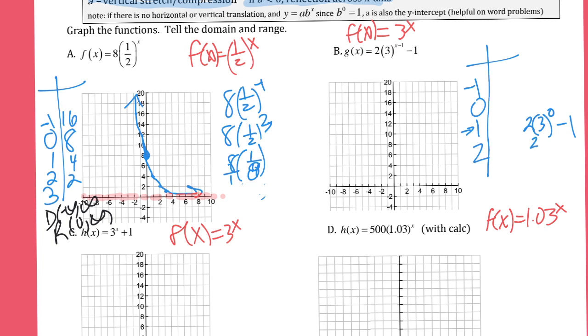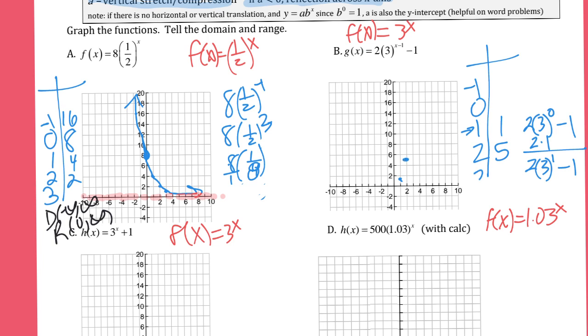So 2 times 1 is 2, and then you subtract 1, you just get 1. So 1 goes to 1. It's very interesting. Let's plug in 2. You do 2 times 3 to the 2 minus 1, which is 1, and then subtract 1. Again, PEMDAS. 3 to the 1st is 3, times 2 is 6, and 6 minus 1 is 5. So 2 goes to 5.